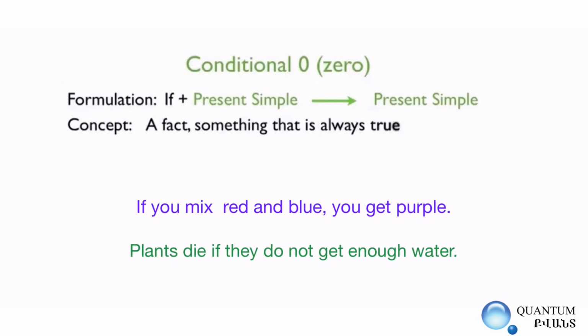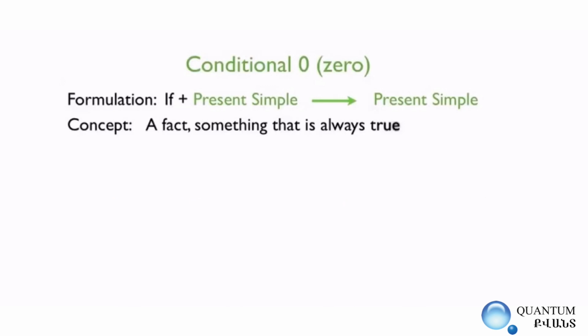Or, plants die if they do not get enough water. Here we are to remember that for zero conditional, it is also possible to use when instead of if, because it is not a real conditional sentence. For example, when it rains, the grass gets wet.